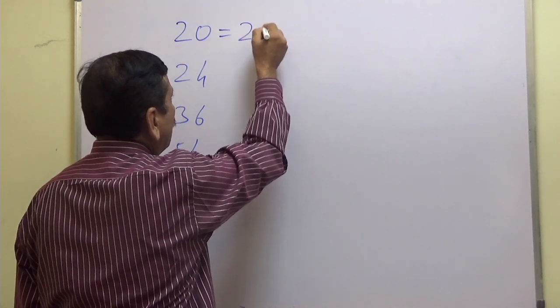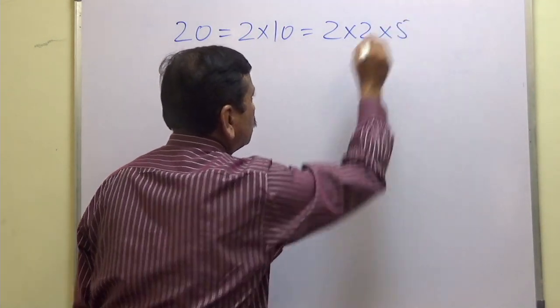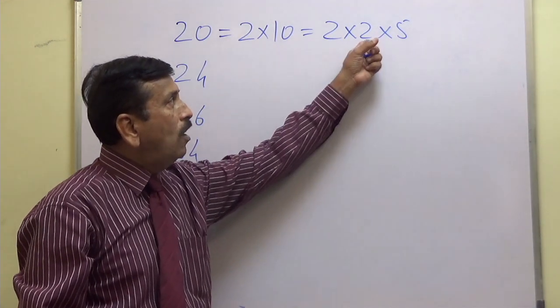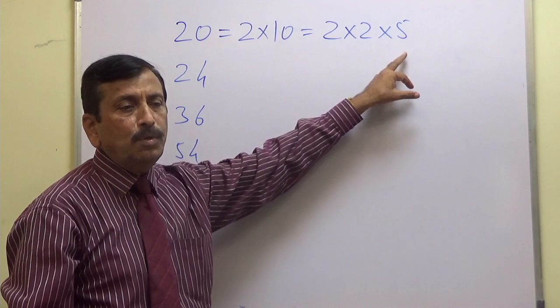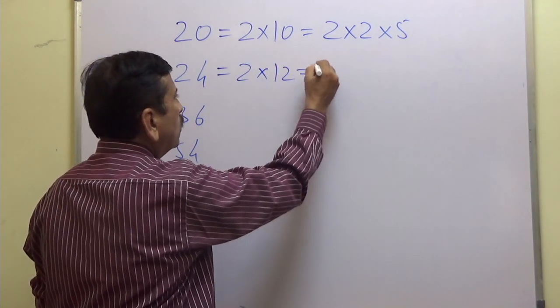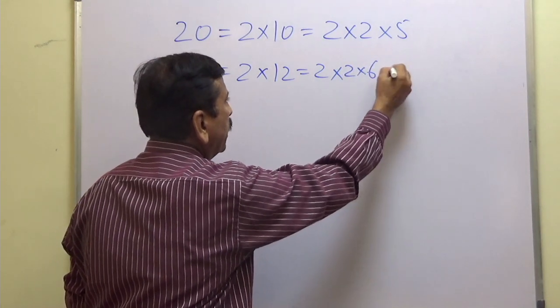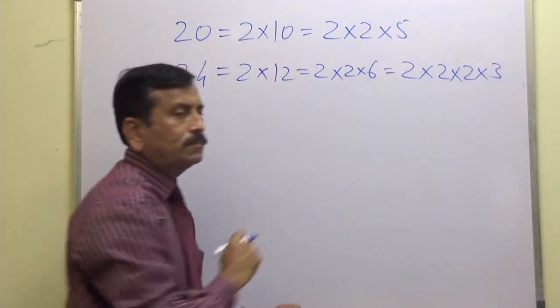20 is 2 into 10, 2 into 2 into 5. So we factorize till all the factors are prime. So we get 2 into 2 into 5. 24 is 2 into 12, 2 into 2 into 6, 2 into 2 into 2 into 3.